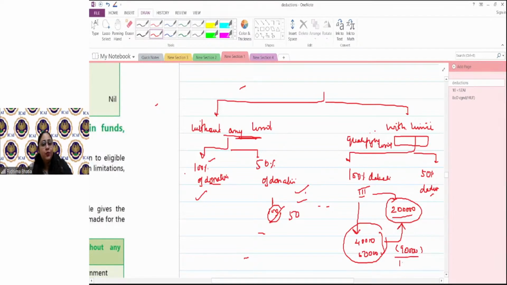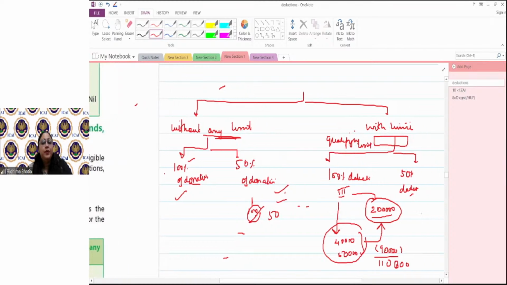Now the remaining is 1,10,000. Now comes the point of 50% deduction.